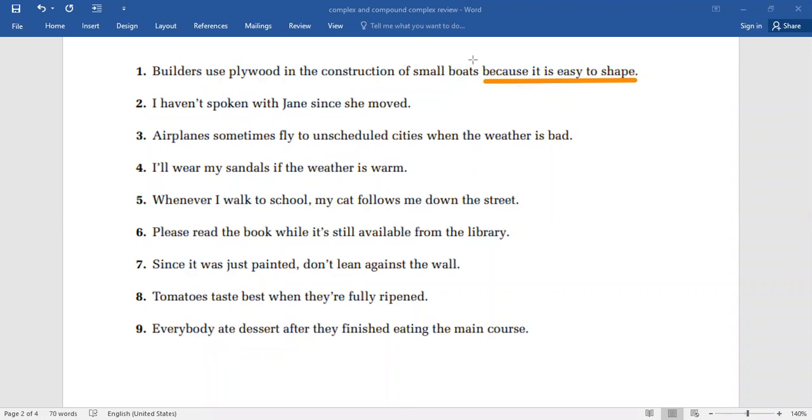Because. And is "because" a relative pronoun or a subordinate conjunction? Relative pronoun. All right, one second.